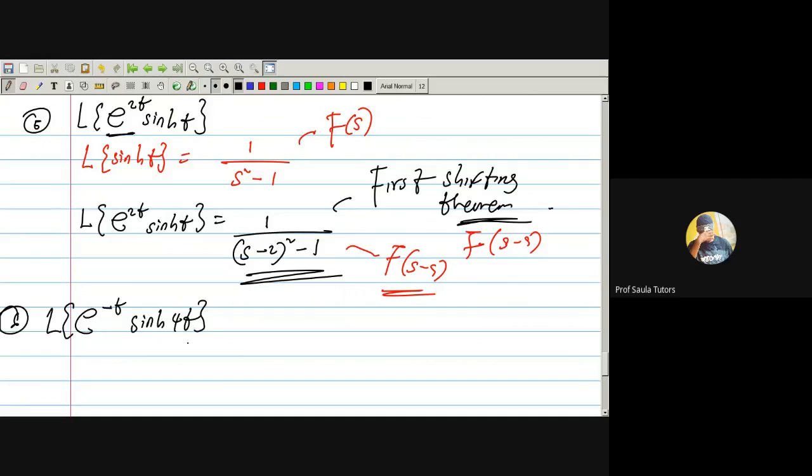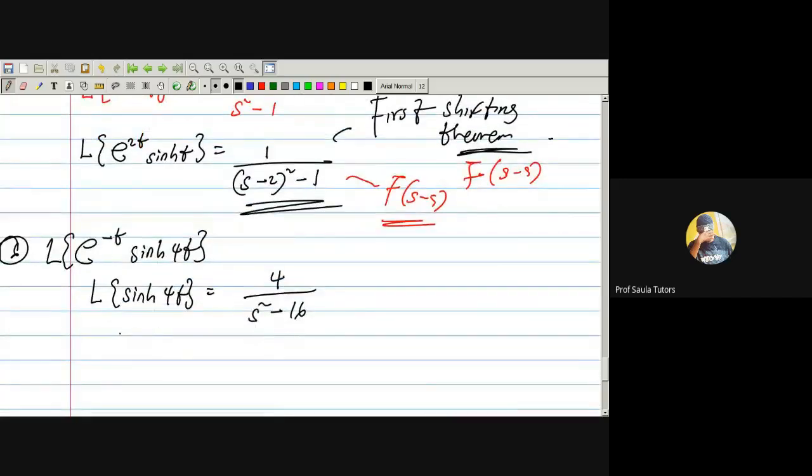So since you observe exponential multiplying, first find the Laplace of what is multiplying: sin 4t. Remember, sin at is a over s squared minus a squared. Then, how do we find the Laplace of exponential minus t sin 4t?